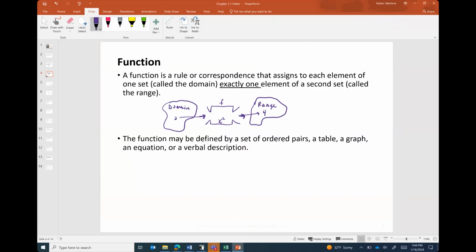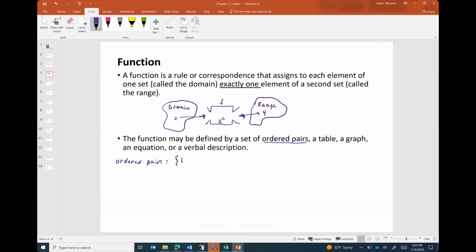So we can present functions different ways. We can present functions as sets of ordered pairs, a table, a graph, an equation, or maybe even a verbal description. If we look at that same function up there, the squaring function, and we decide to define it as a set of ordered pairs, well, we might not know all the values, but we could define some of them. So a set of ordered pairs would look like this. Curly bracket indicates that's a set of something coming.